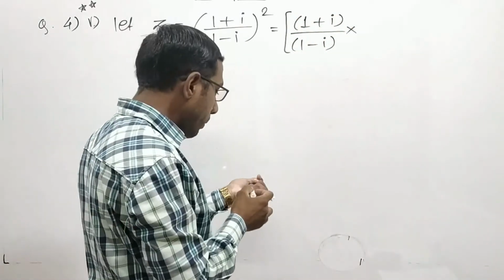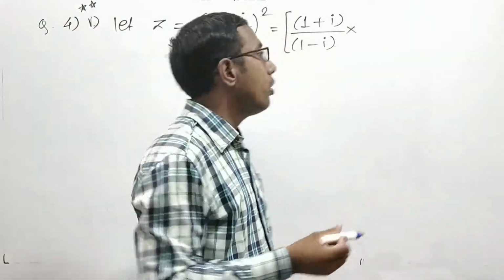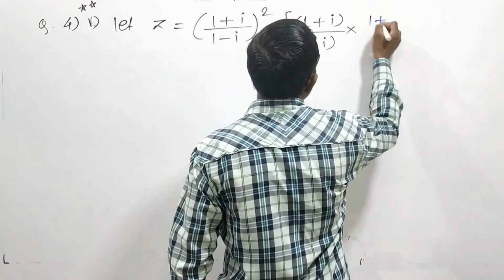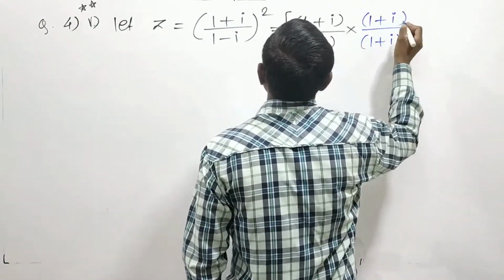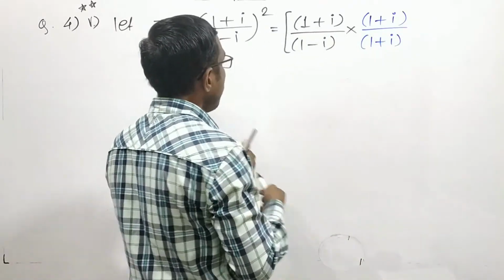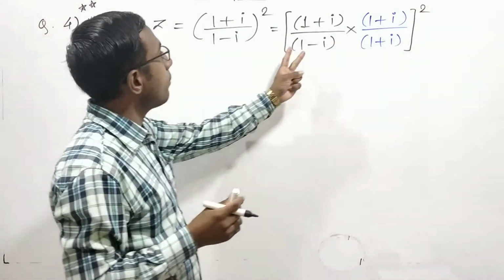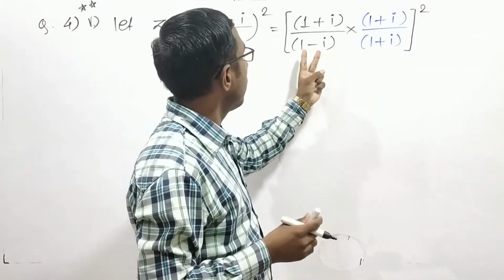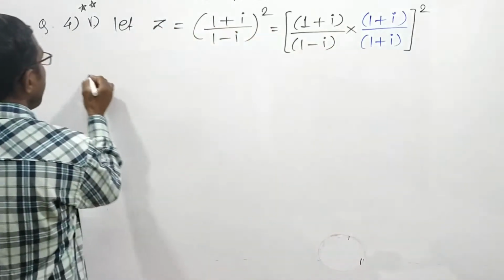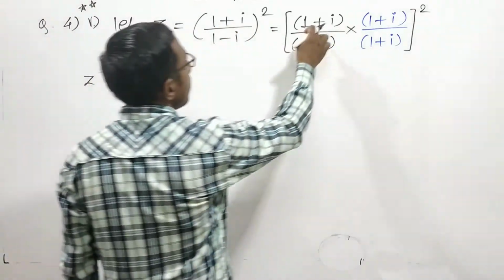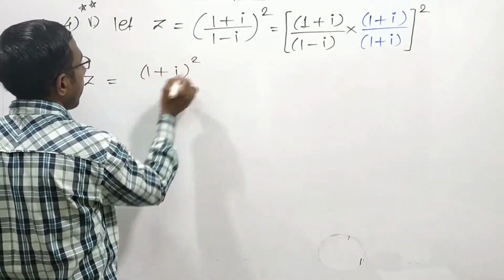We multiply both numerator and denominator by the conjugate of the denominator, which is 1 plus i. So z is equal to (1 plus i)(1 plus i), which means (1 plus i) whole square.